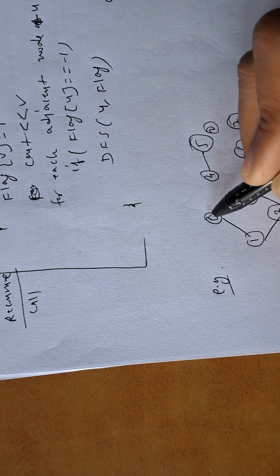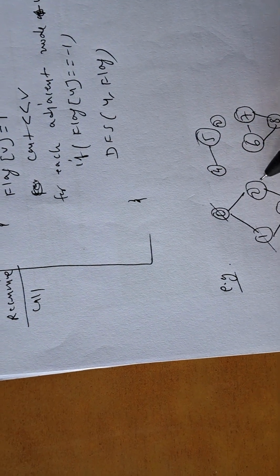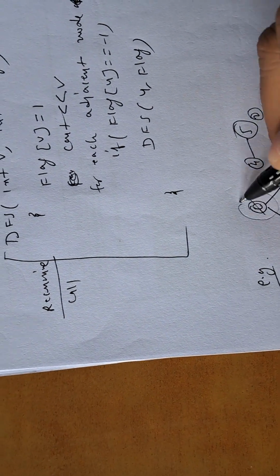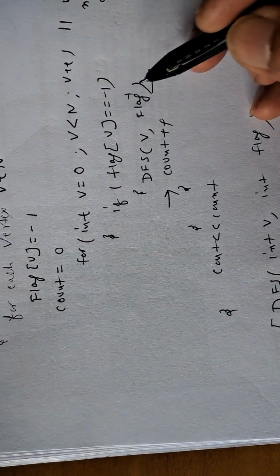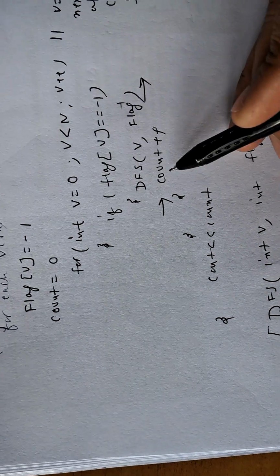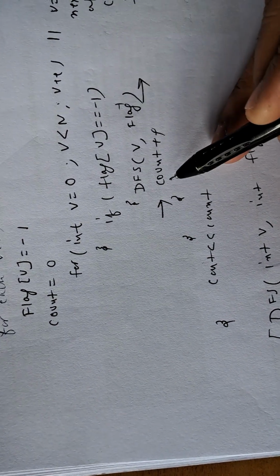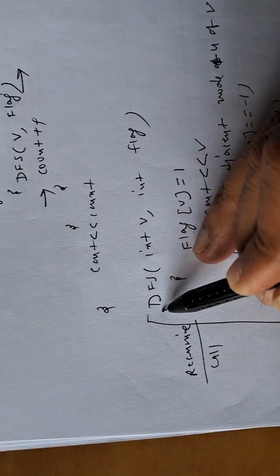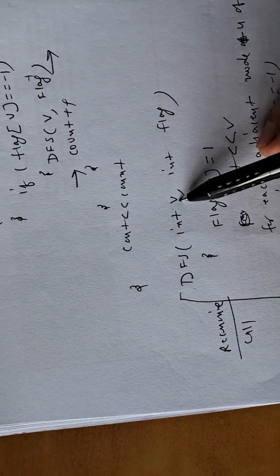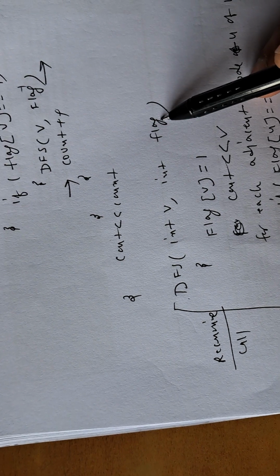From this vertex the flag of all is -1. First I will call DFS starting from this. The same DFS algorithm will work, and the counter will not go to the next line; it will call another function, DFS here. So DFS is called over vertex 0, and right now the flag is -1.